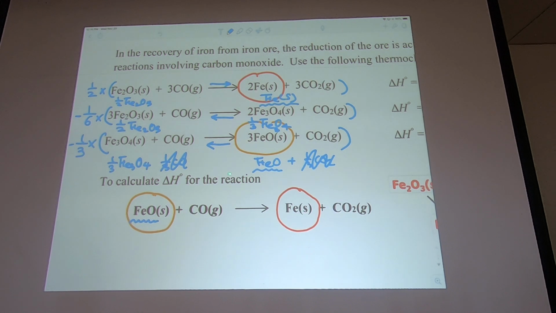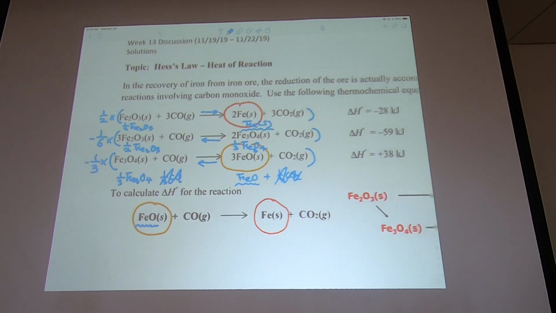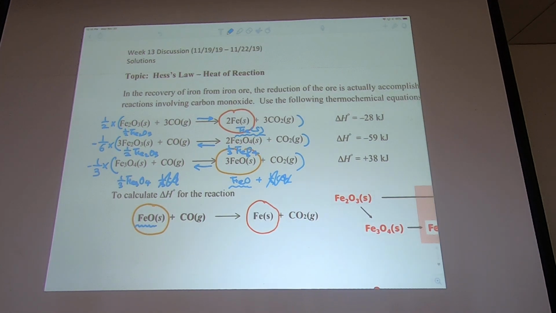If you have extra time, you can work on the CO2 and CO balances. So what I have now is my conclusion. If you want to say 1, 2, 3 steps, each step has to be multiplied: this number by half, this one by -1/6, this one by -1/3.